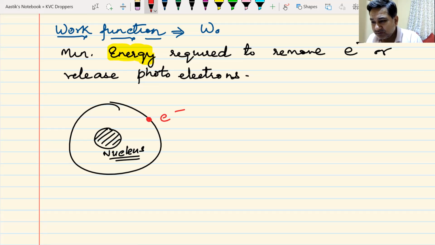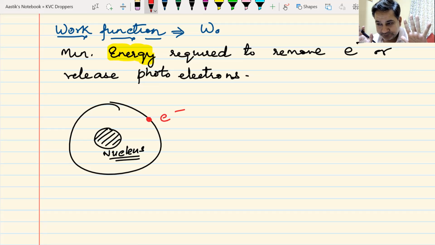Work function. I want to liberate this electron, I want to make it free. Do I need to give it energy? What is that energy now known as? What do I call that energy that I have to give it? Work function. Do we understand this?